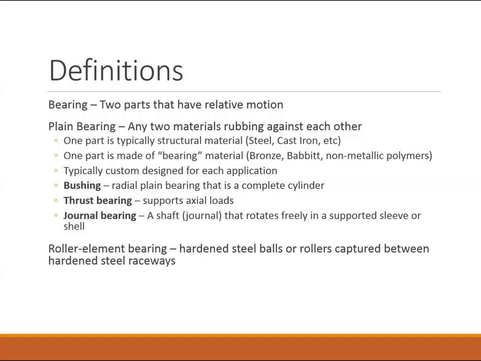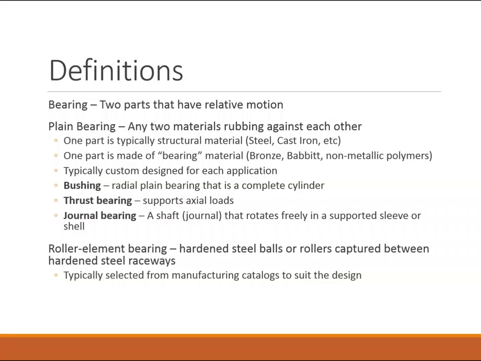The other type of bearing that we consider is a roller element bearing, and these are almost always composed of hardened steel balls or rollers, and the rollers are captured between hardened steel raceways, and the translation of motion comes from rolling, so you get the effect of wheels working to reduce the friction.